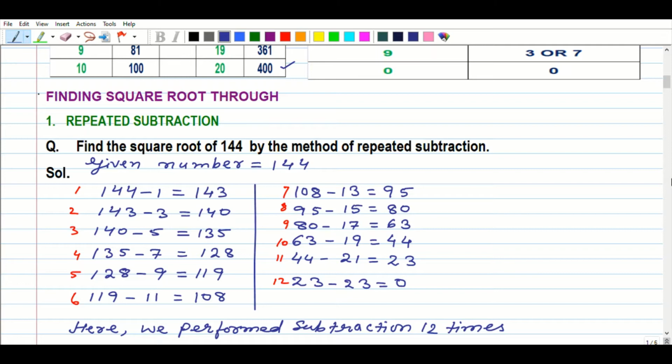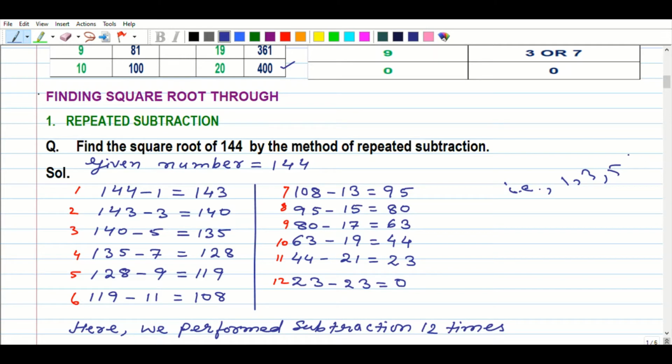So every square number can be expressed as a sum of successive odd natural numbers starting from 1, that is 1, 3, 5, which are odd numbers. This method can be used for small perfect squares, say up to 300. Beyond this, it becomes cumbersome.